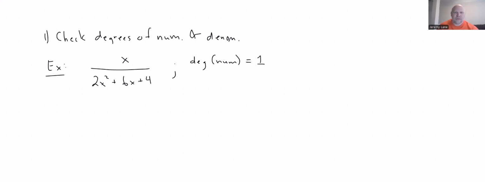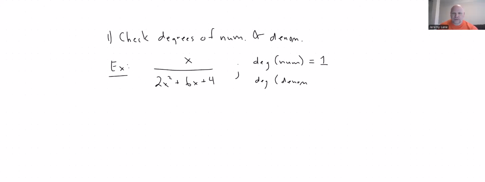The degree of my denominator was 2, and that's the situation that you want to have. The degree of the denominator should be strictly bigger than the degree of the numerator.